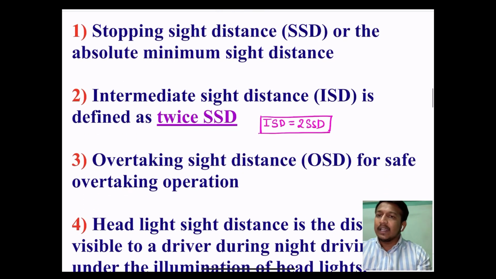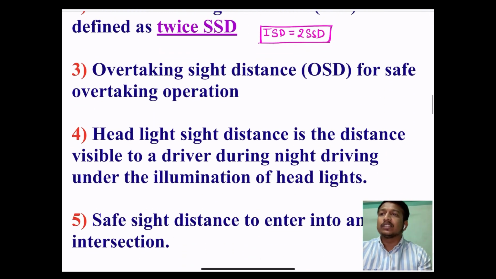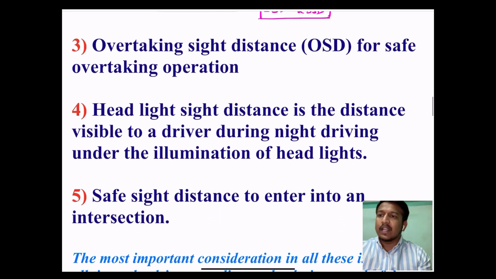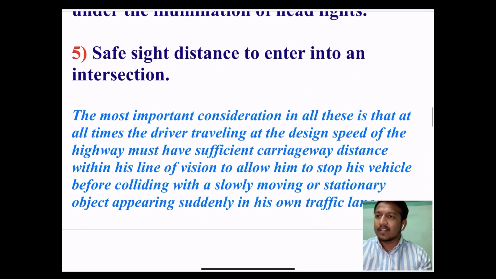Third is overtaking sight distance, OSD, for safe overtaking operation. Fourth is headlight sight distance, the distance visible to the driver during night driving under the illumination of the headlight. And fifth is safe sight distance to enter into an intersection.